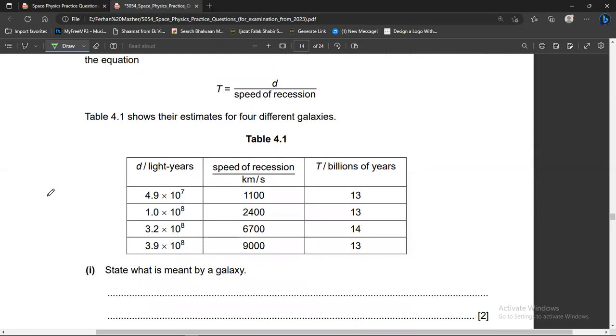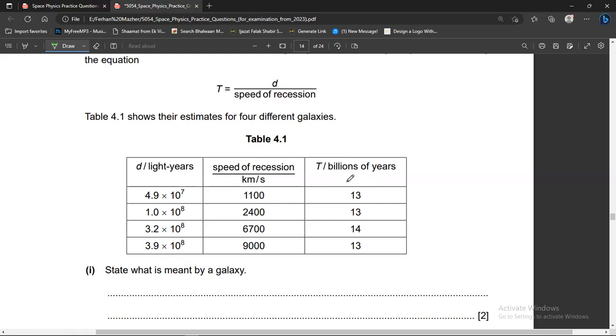Table 4.1 shows their estimate for 4 different galaxies. D in light years, that is the distance: 4.9 × 10^7 light years, 1 × 10^8 light years, 3.2 × 10^8 light years, 3.9 × 10^8 light years. The speed of recession of each galaxy is given as 1100 kilometers per second, 2400, 6700, and 9000 kilometers per second.